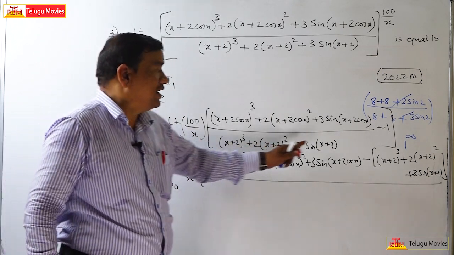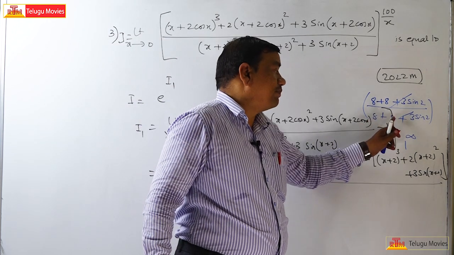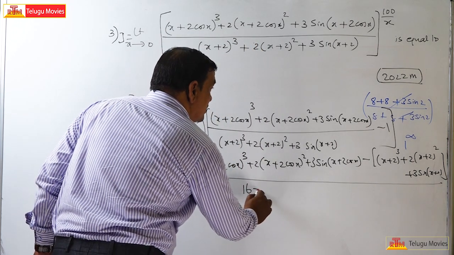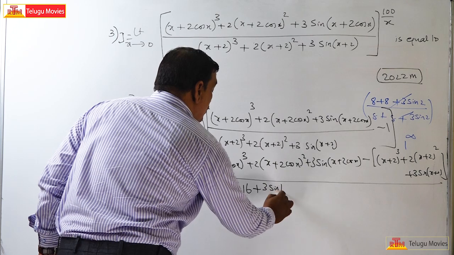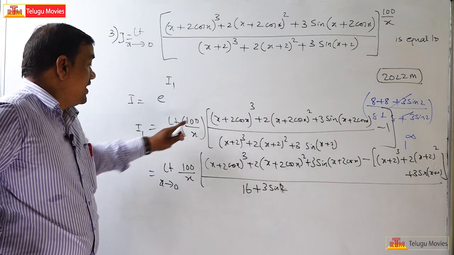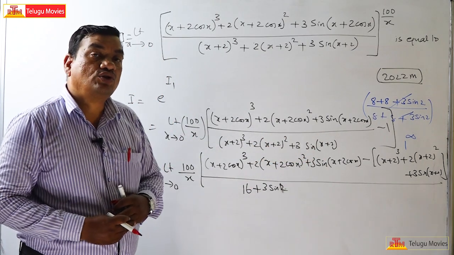Since the limit x tends to 0 applies, what will you get? Here we already showed the denominator: 8 plus 8 plus 3 sin 2, that is 16 plus 3 sin 2. We can separate the limits for the numerator and denominator.